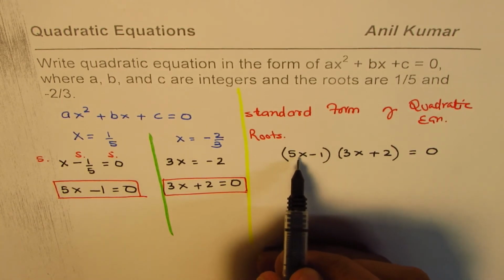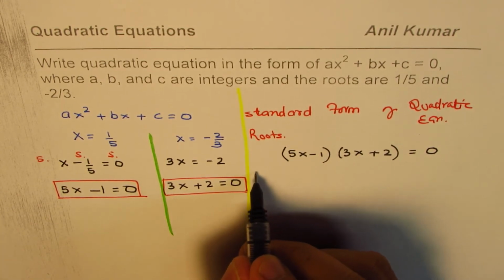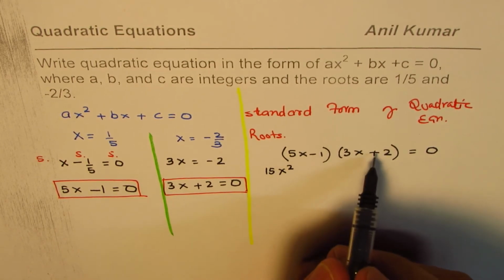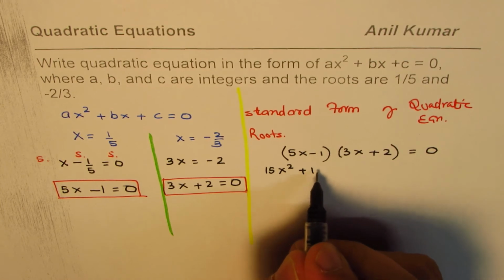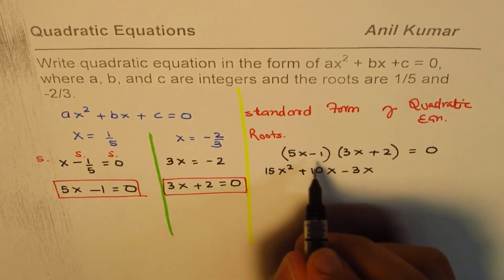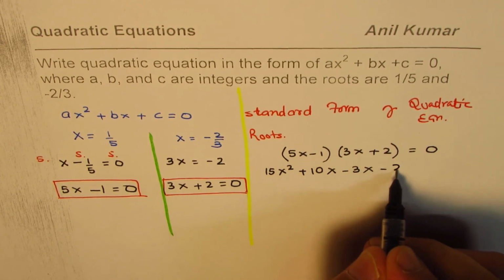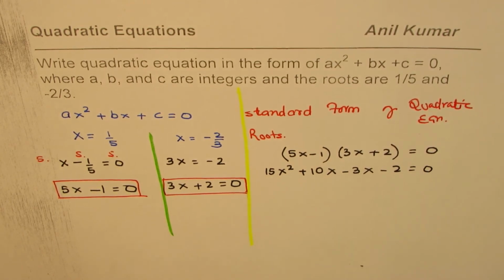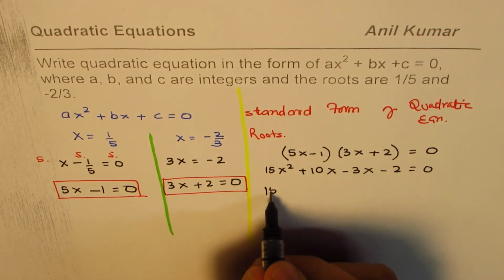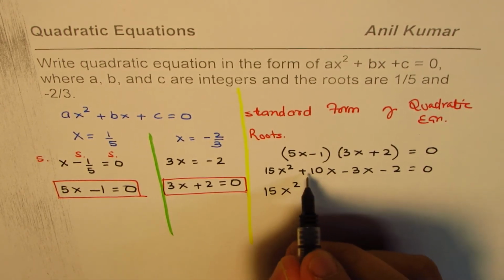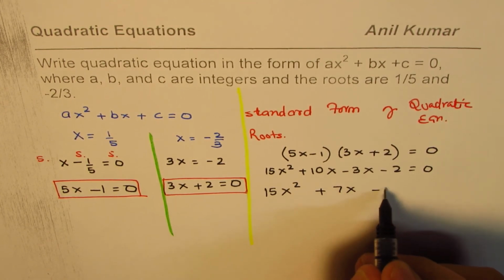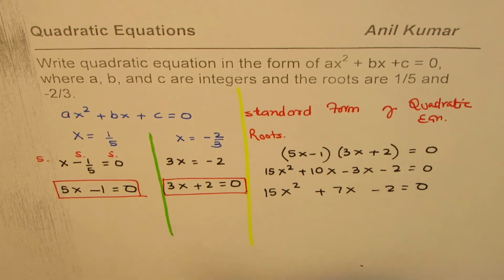So when you multiply 5x by 3x, you get 15x squared. 5x times 2 gives us 10x. Minus 1 times 3x gives us minus 3x. Minus 1 times 2 is minus 2, and that is equal to 0. You can combine these two terms, and then you get 15x squared. 10 minus 3 is 7, so you get plus 7x minus 2 equals 0, right?